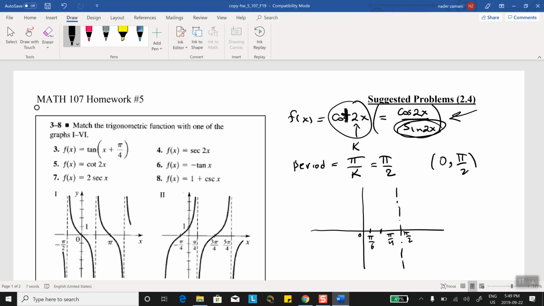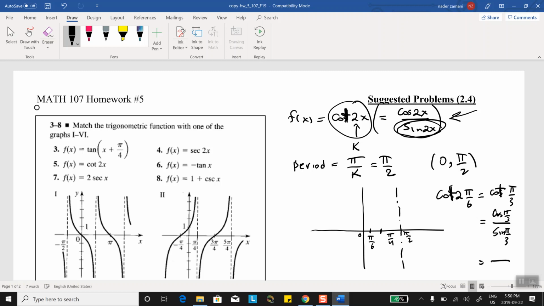And you put this thing in your calculator, cotangent of 2x, 2 times pi over 6, which is cotangent of pi over 3. We know that this is cosine of pi over 3 over sine of pi over 3, and these are numbers that you should know.